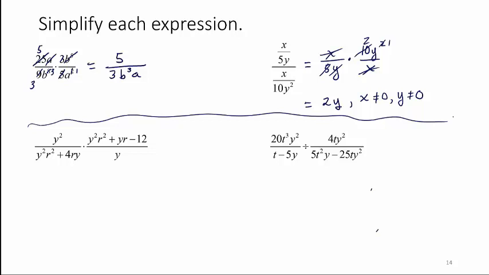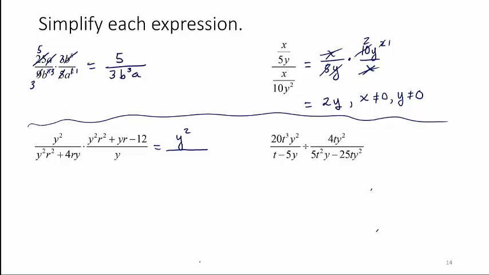Let's look at this next example of y squared over y squared r squared plus 4ry times y squared r squared plus yr minus 12, all divided by y. Okay, so we've got a little bit of factoring to do. So we're multiplying here. I know I can cancel out a y right off the bat, but I'm going to leave it alone for just a minute. Okay, so I want to look at this first denominator of y squared r squared plus 4ry.